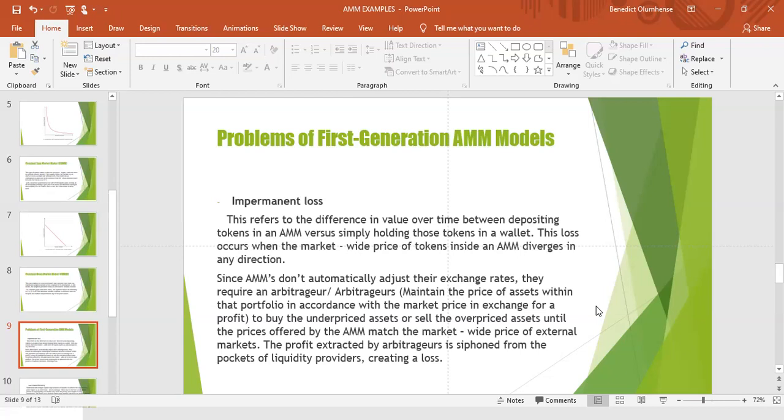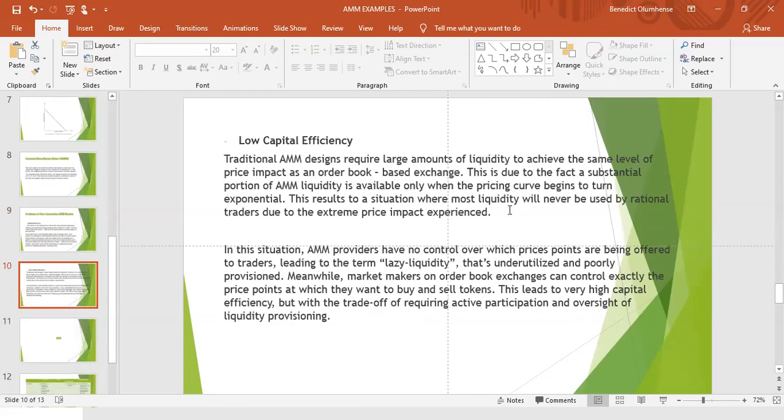creating a loss, right? So another challenge of first generation AMMs is low capital efficiency, right? And this means that traditional AMM designs require large amounts of liquidity to achieve the same level of price impact, just like an order book-based exchange, right?